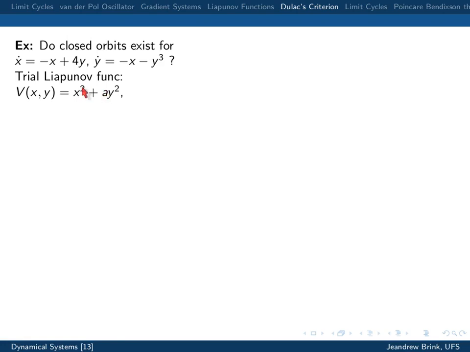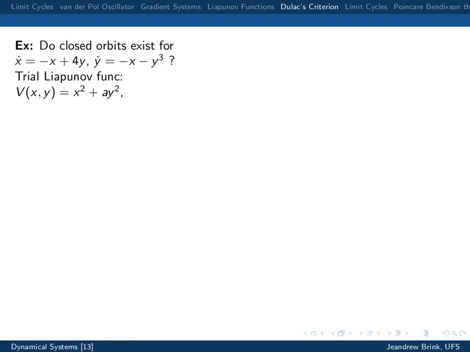So here comes your linear analysis. The fixed point you get when x equals minus y cubed. You put it in there, and so you have y cubed plus 4y must equal 0. So one fixed point occurs at y equals 0, and that's it.